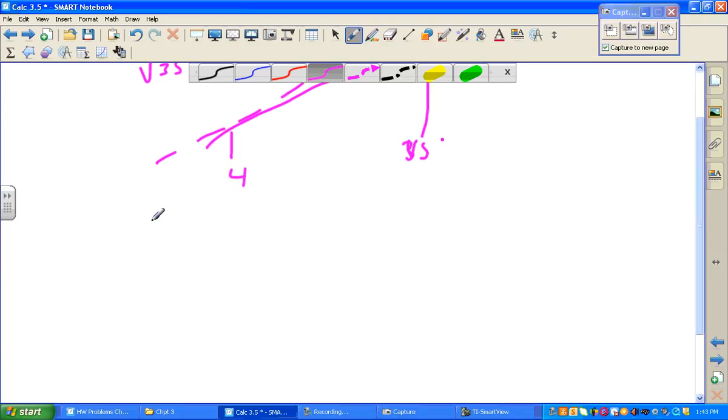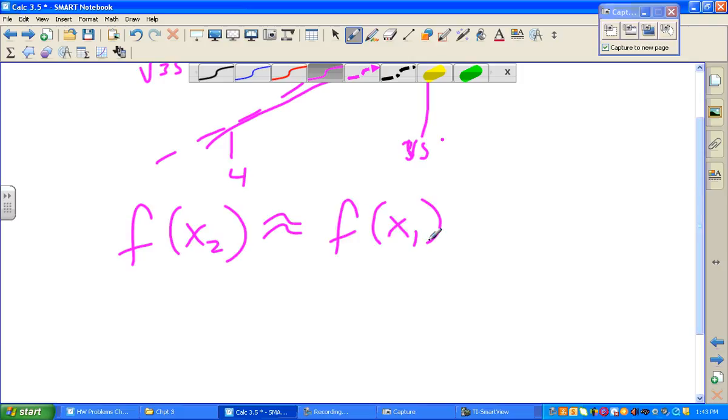How did we do that? Well, easy. We wanted to approximate the function value, let's say, of x sub 2. We said that approximately equals the function value of x sub 1 plus the derivative of x sub 1 times dx. X sub 1 was my nice number. What did we change from yesterday to today?